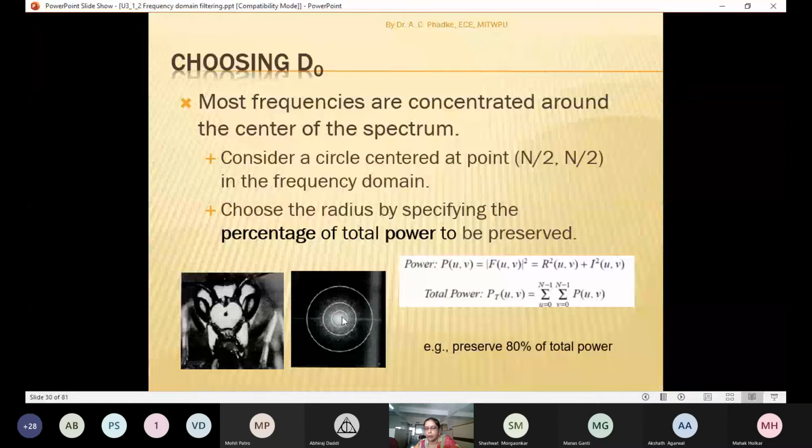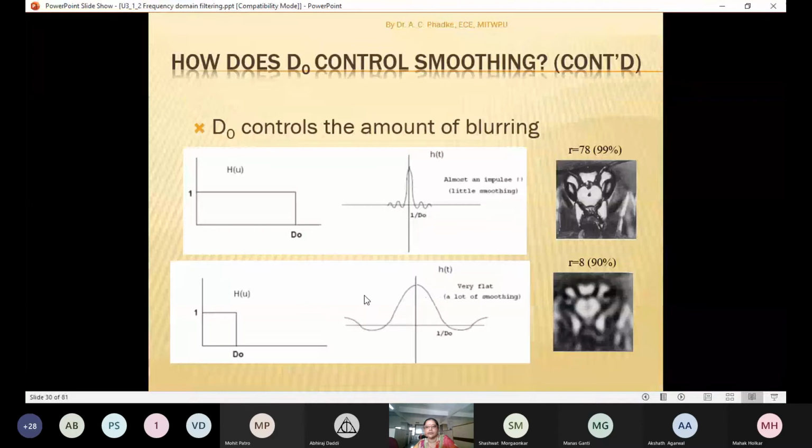So as you increase D0, the blurring effect reduces, because we are adding more and more high frequency coefficients. As shown here, this is the result of filtering the image by retaining 99% of power, and the radius required for that is 78.